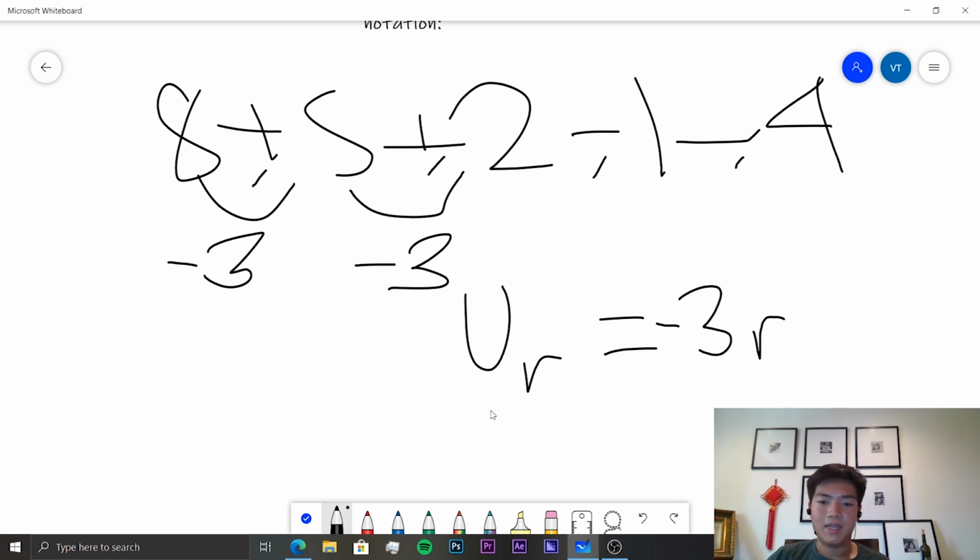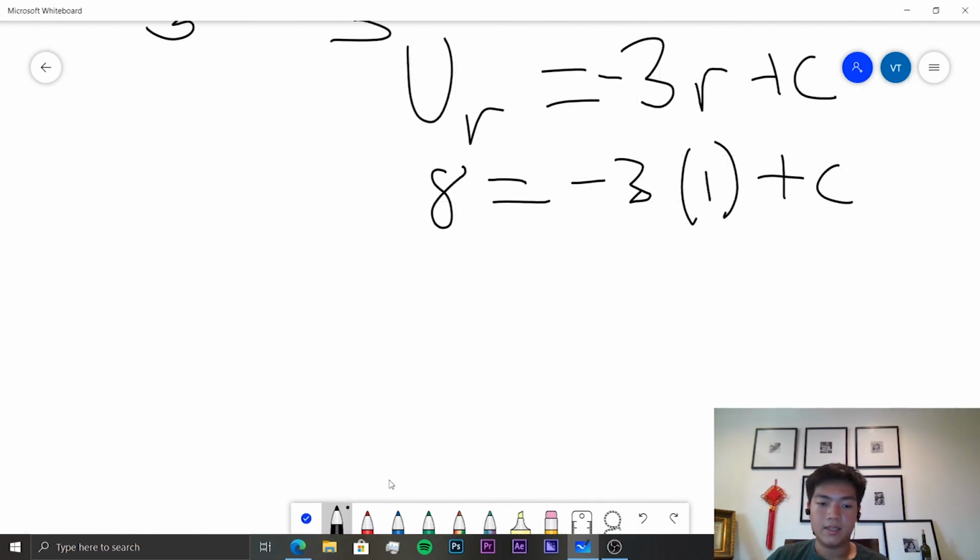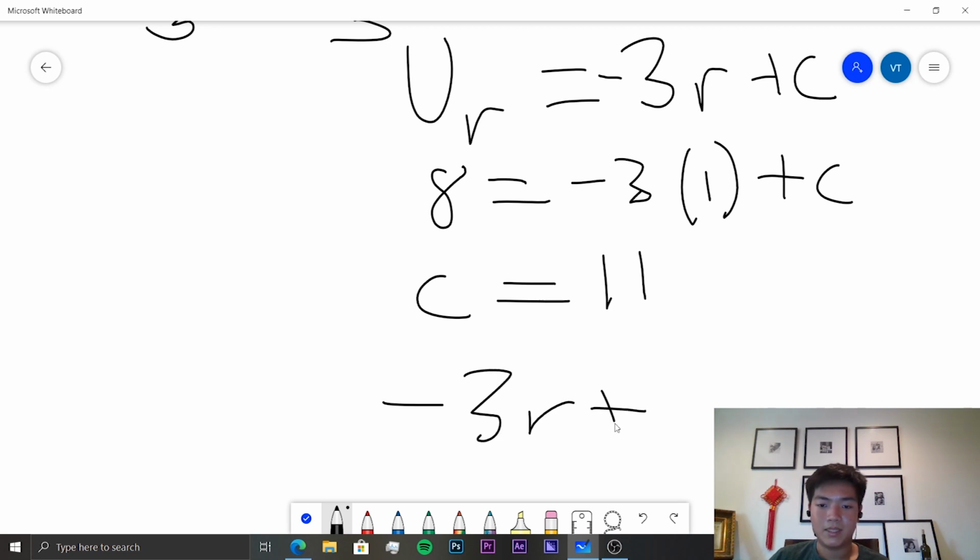And the first term is 8, so 8 is equal to negative 3 times 1 plus c, so c is equal to 11. And so we have our sequence negative 3r plus 11.